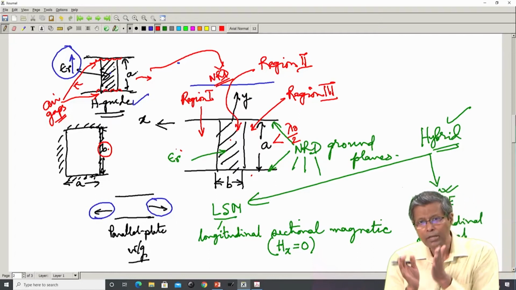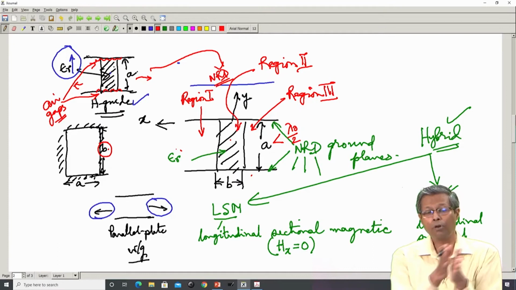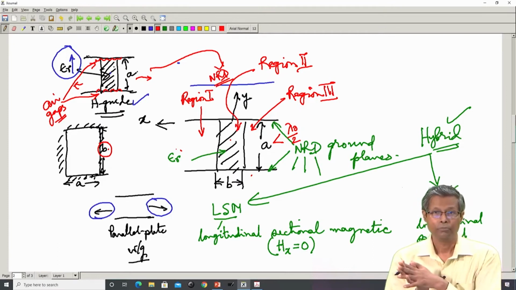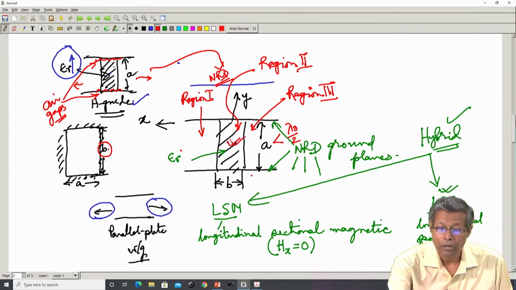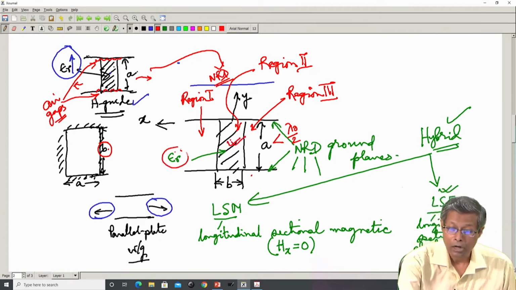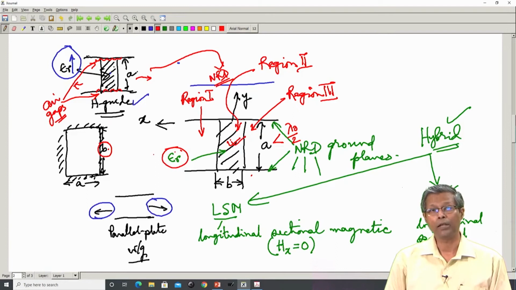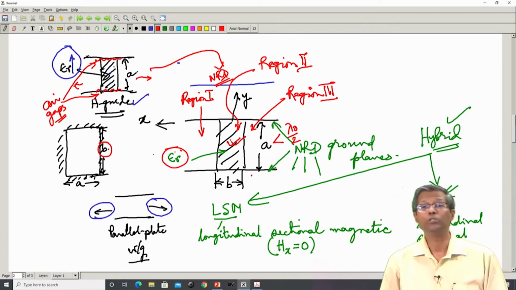So, this principally distinguishes the NRD guide from the H guide, that even a moderate value of this epsilon r, a moderate value of the permittivity of the dielectric strip, would actually result in a low loss guided structure way up to 94 gigahertz and even beyond.